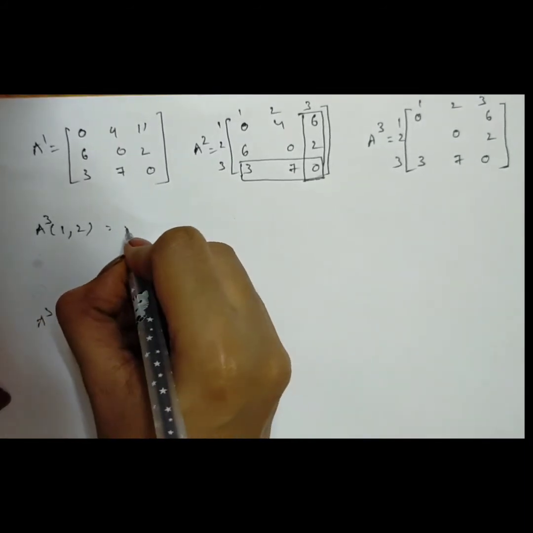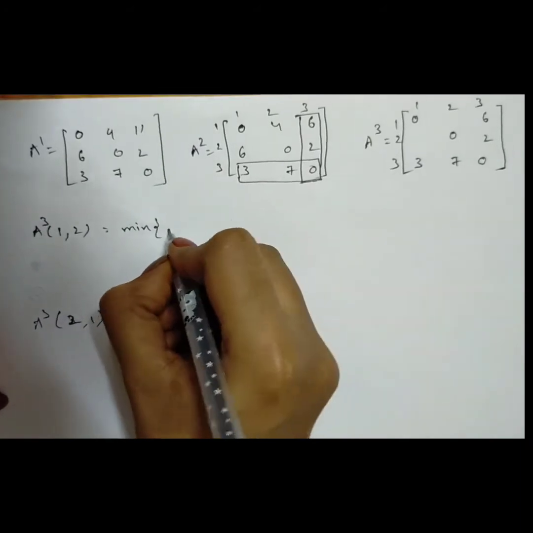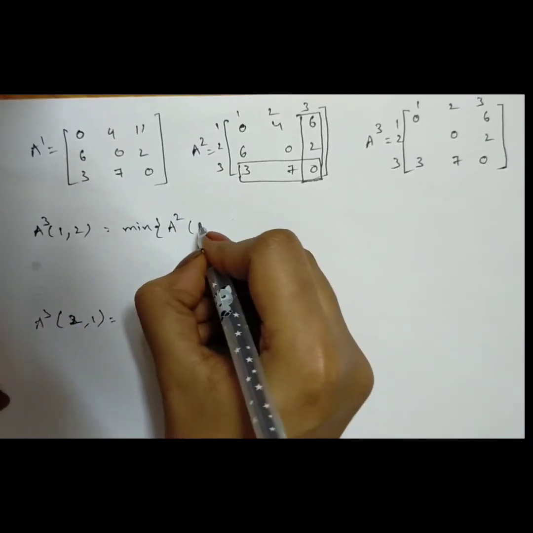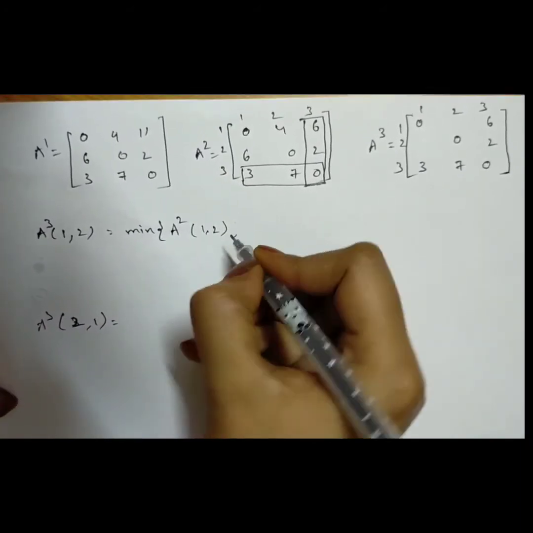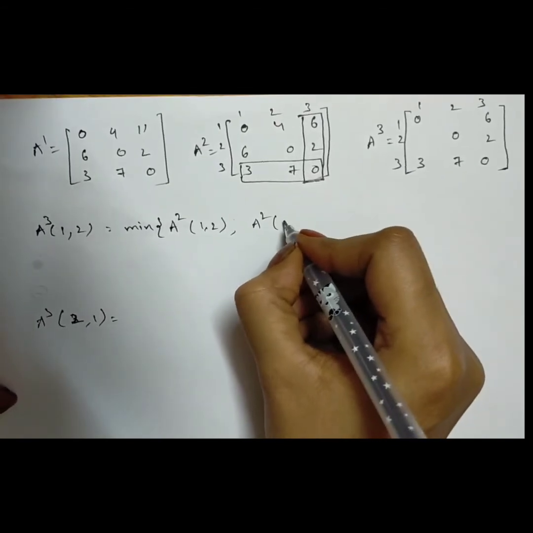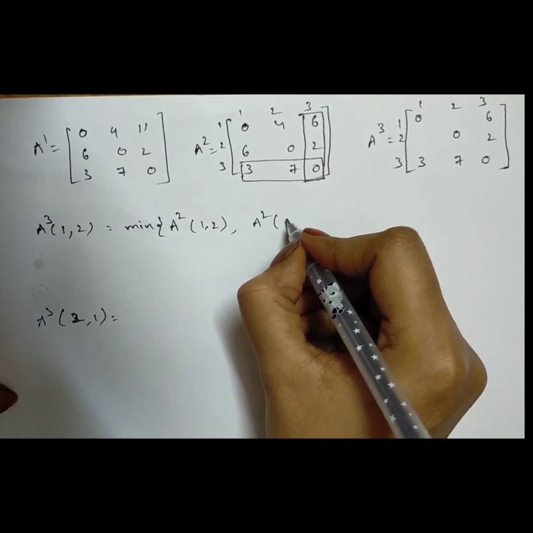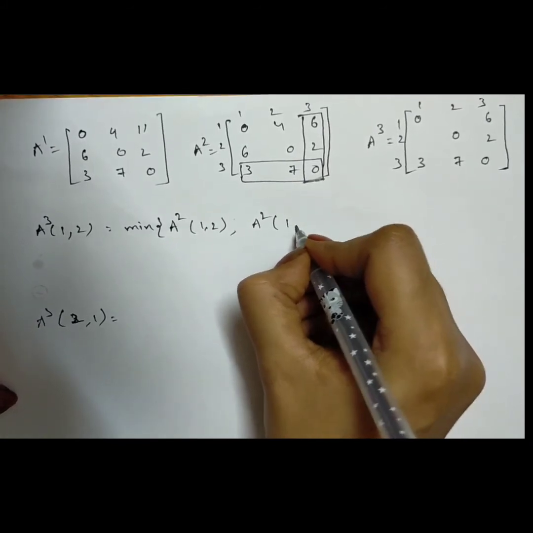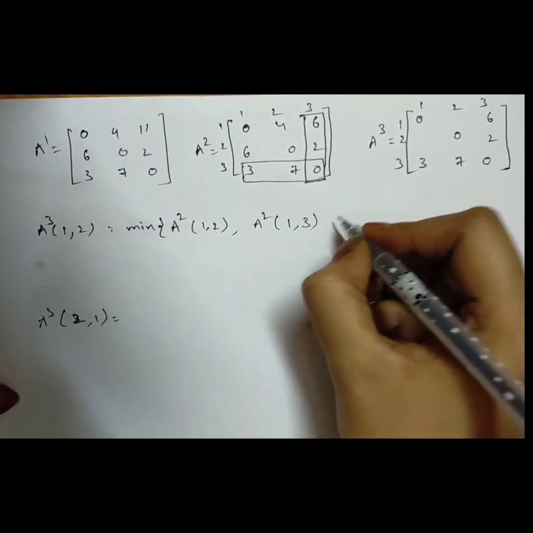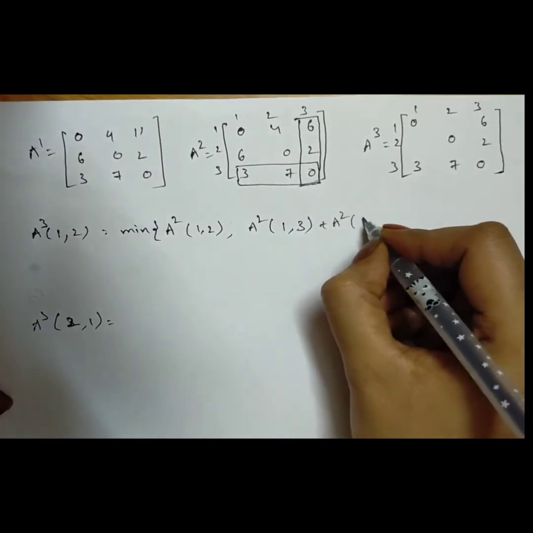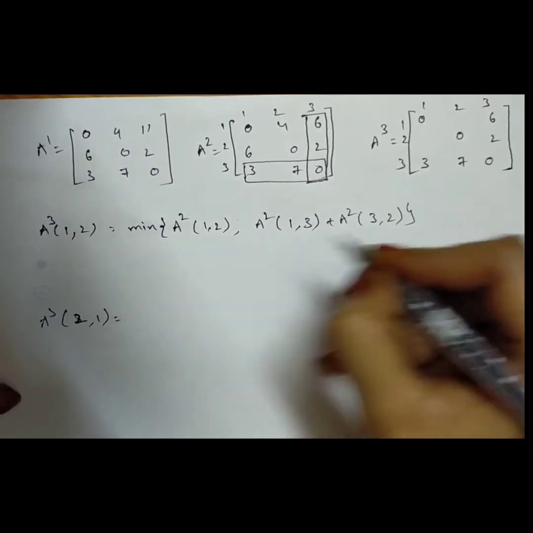Okay, minimum of a2 of (1, 2), a2 of (1, 3) plus a2 of (3, 2).